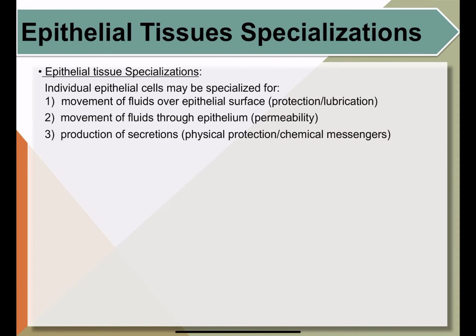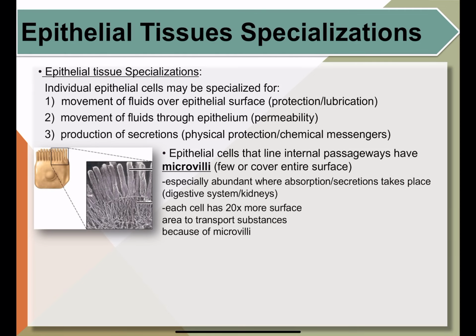In addition to those general characteristics, individual epithelial cells may have additional features that enable them to move fluids over surfaces through the epithelium and produce secretions. So these are the specializations. I've already mentioned them before.